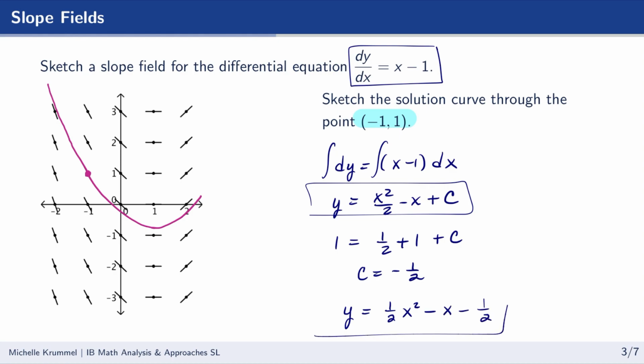If this is the particular solution, if you graph y equals 1/2 x squared minus x minus 1/2, it should look exactly like what we drew here, if we drew it well, right? So this is the actual solution, and it should match the graph that we just drew.